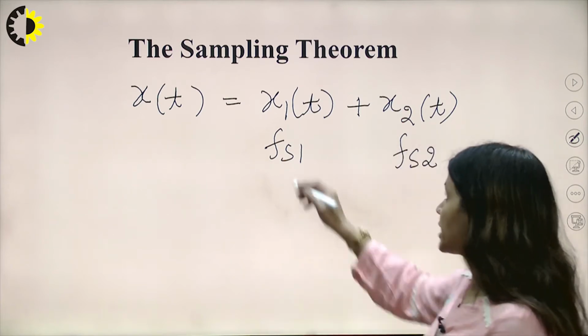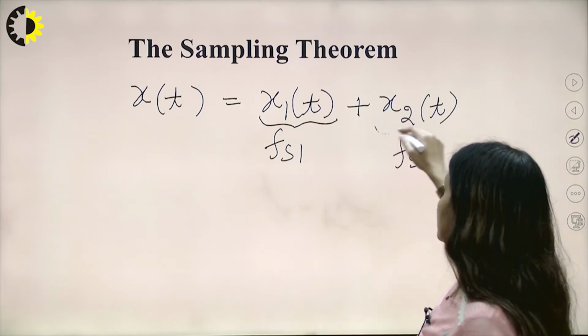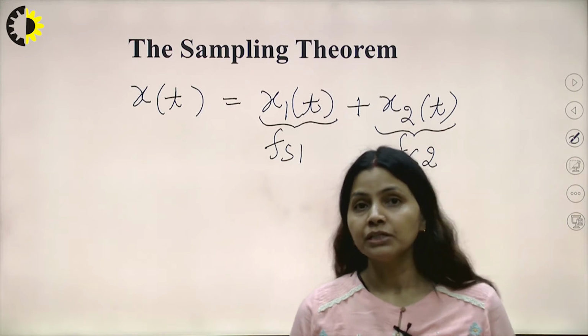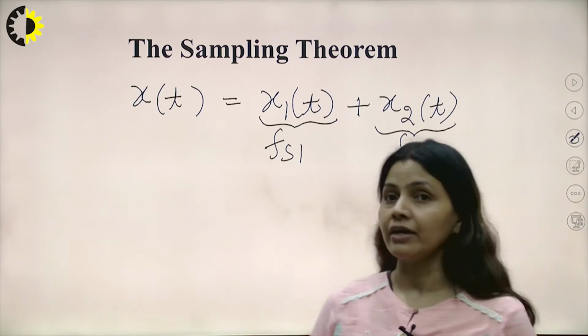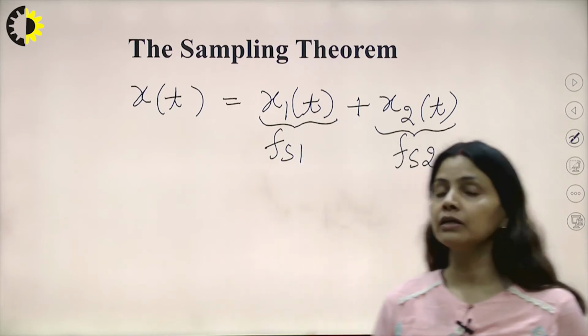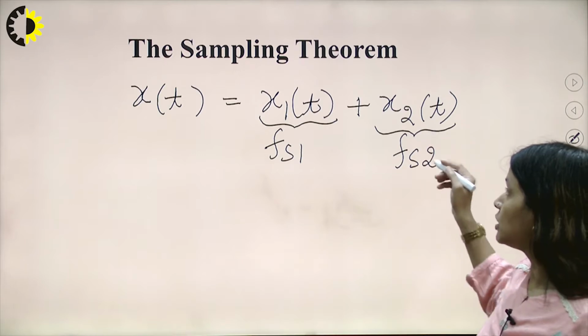So the x1(t) sampling rate is fs1 and the x2(t) sampling rate is fs2. That means the Nyquist rate for x1(t) is fs1 and the Nyquist rate for x2(t) is fs2.